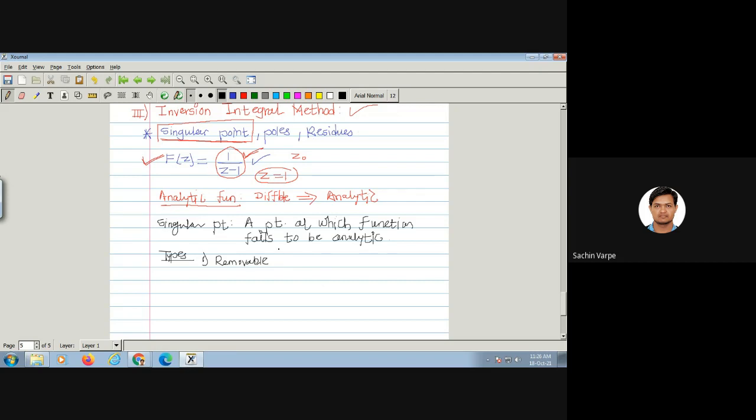We can remove. For example, if I have defined a function f of z to be sin z upon z, and if I ask to find the limit as z tends to 0, then what is the limit? Because at z equal to 0, this function is not defined, you can see. Am I right? It has some undefined value.